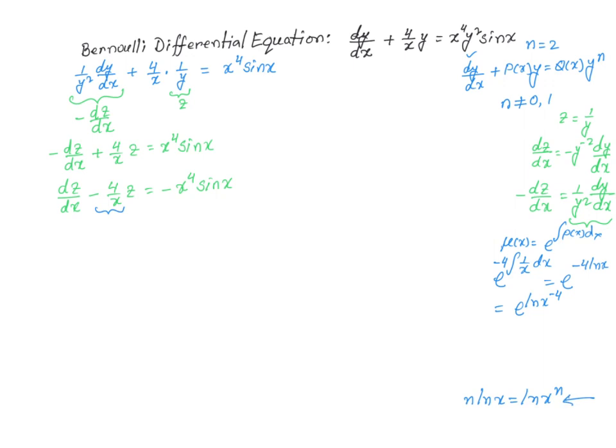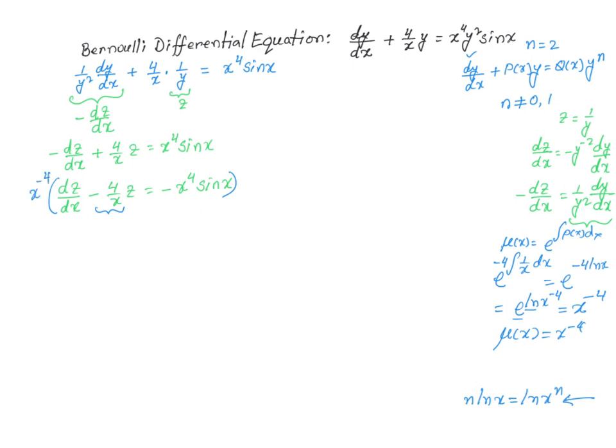Now, here look, exponential and logarithmic functions are inverses of each other. So that's going to give you x to the power negative 4. So my mu of x is nothing but x to the power negative 4. Now I'm going to multiply both sides of this equation by x to the power negative 4.